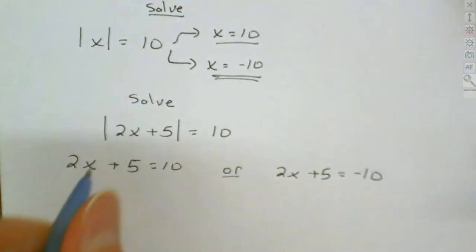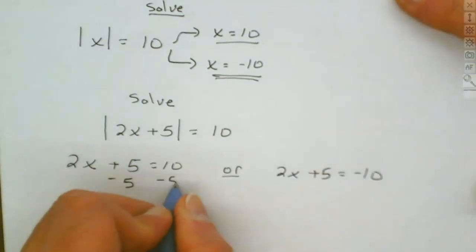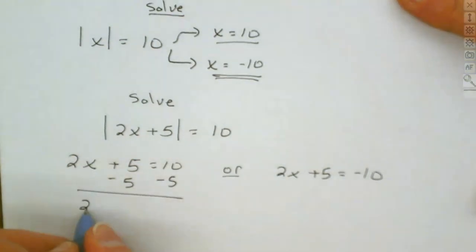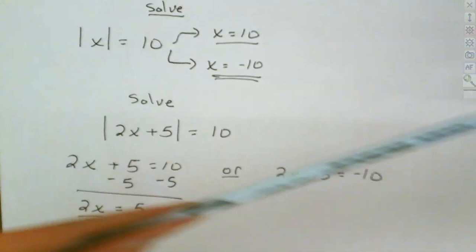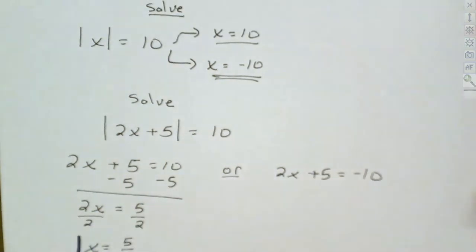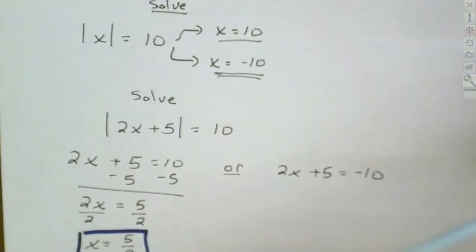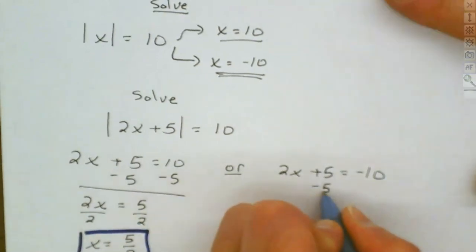Solve it out. So move that 5 over. 2x equals now 5, it looks like. Divide by your 2. So one solution is 5/2. So there's one of them. What about the other one? The other one, move that 5 over.